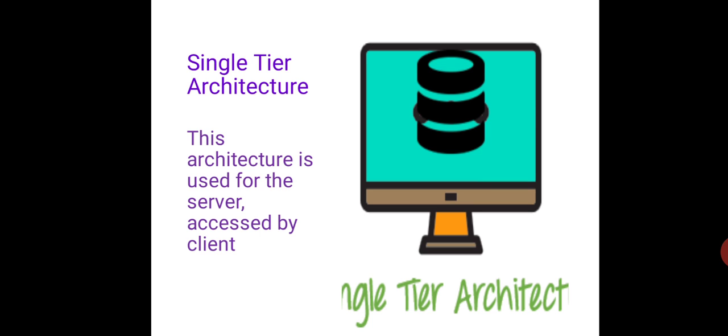In the diagram we can understand that within one machine itself it can access the server, it can access the client, and the application can be accessed within that machine. So everything in one computer or one machine is single tier architecture.